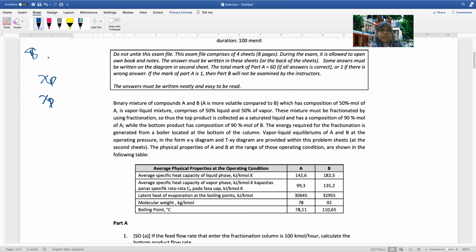But anyway, okay. So XB. Where is XB? 90%, ma'am. Which one is 90% of A? This is XD, the distillate, okay?